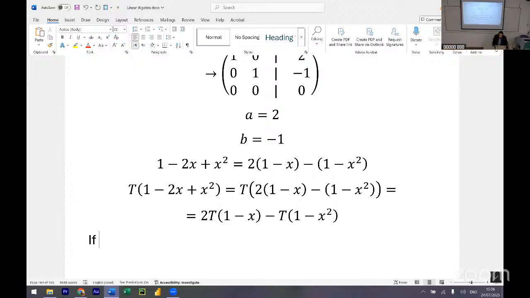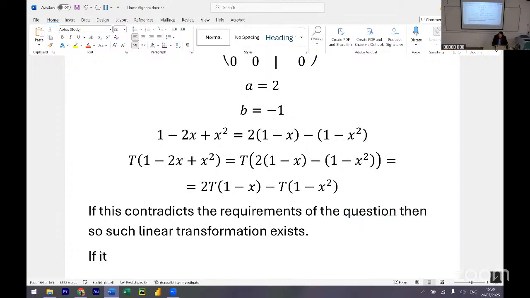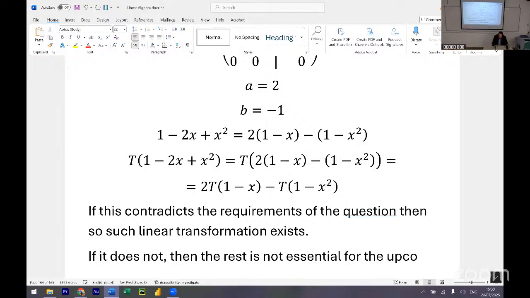If this contradicts the requirements of the question, then no such linear transformation exists. If it does not, then the rest is not essential for the upcoming test.